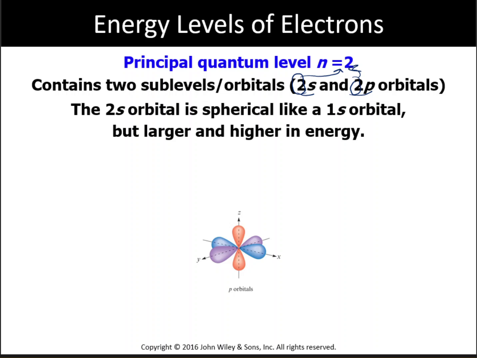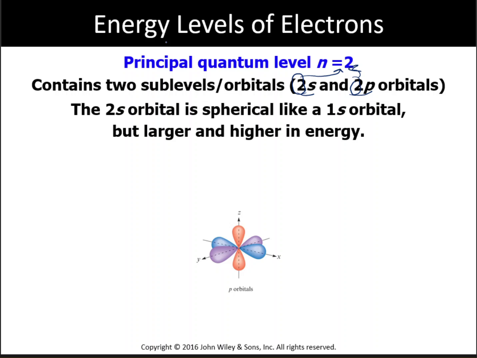Now for the 2s, we already know that the maximum number of electrons is going to be 2 electrons. The 2s orbital in the second energy level is the same as the one in the first energy level. It's just their energies are different. But it's still spherical. The maximum number of electrons you can fit in it is going to be 2 electrons.